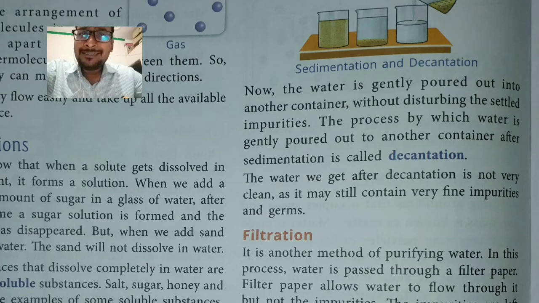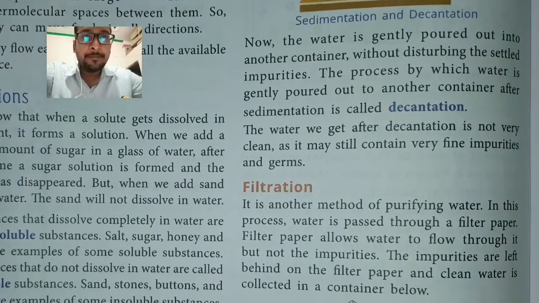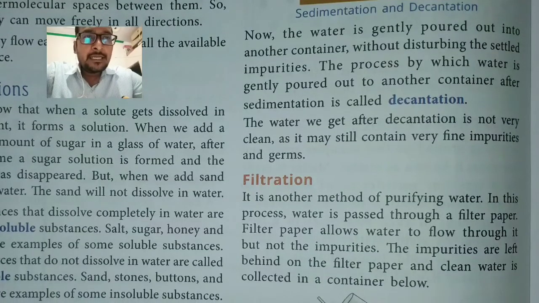When the mud settles down, they drink pure water, which is easy for them. That is potable for them, drinkable for them. The water we get after decantation is not very clean. It may still contain very fine impurities and germs.